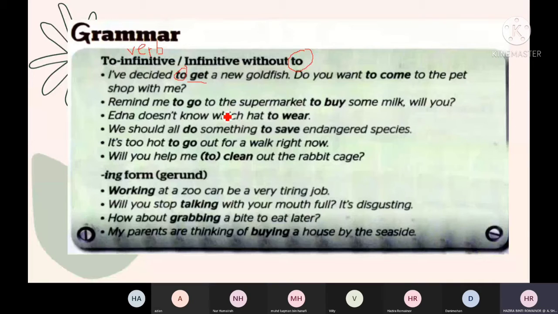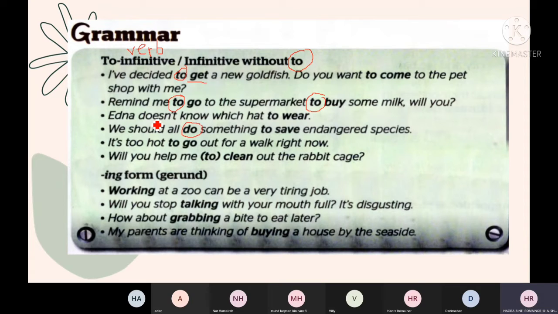Again, after to is always the root word. Next one, Edna doesn't know which hat to wear. Next, we should all do something to save endangered species. This one is also infinitive, which is the base form of the verb.